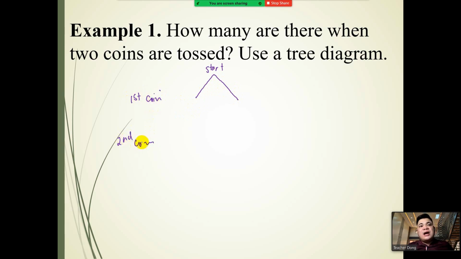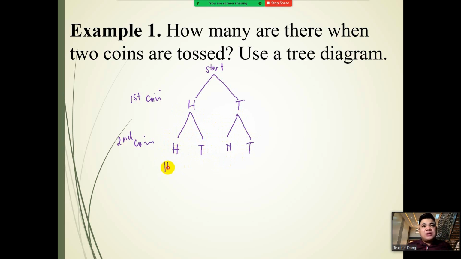So how are we going to actually do a tree diagram? For the first coin, remember that when you are tossing a single coin, there are two possible outcomes, heads and tails. Okay, so heads and tails. And then for the second coin, you are going to partner it also to the two possible outcomes, heads and tails. We are only having 2 coins, so that's why we're finished here.